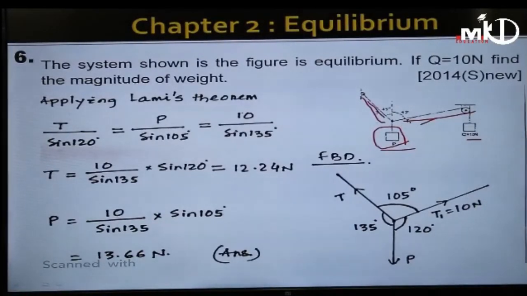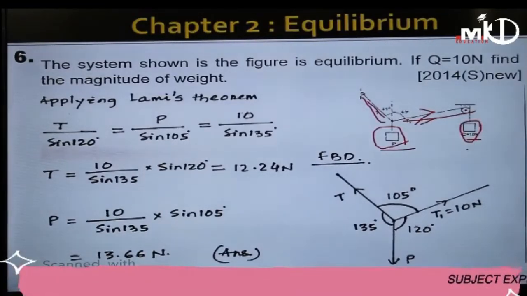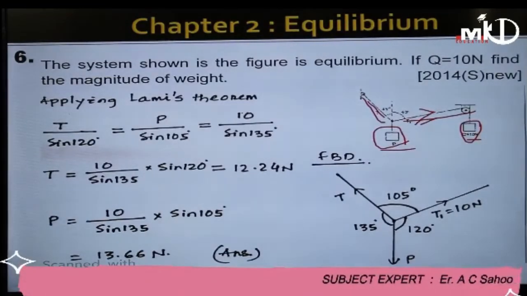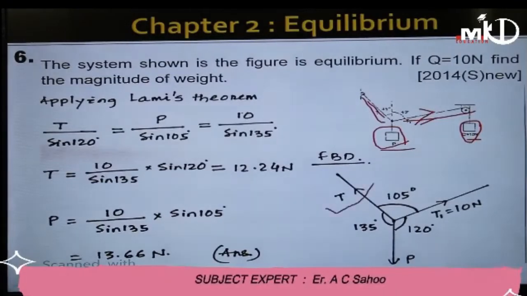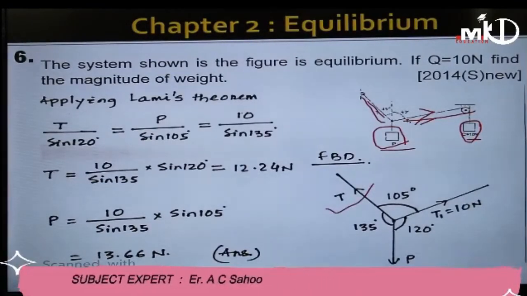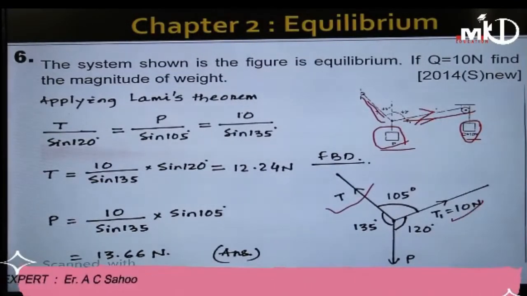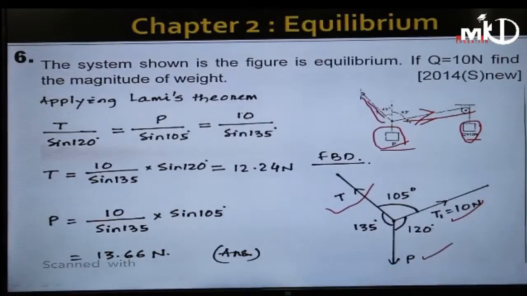Now here there are three forces, and if you consider this portion, the tension in this portion is nothing but equal to this Q, which is 10 Newton. Now if you apply Lami's theorem at this point, we have the tension in this portion T, and this we already got as 10 Newton because this tension equals the load 10 Newton, and P is to be found out. So this angle we know 45 plus this is 60, so total is 105.